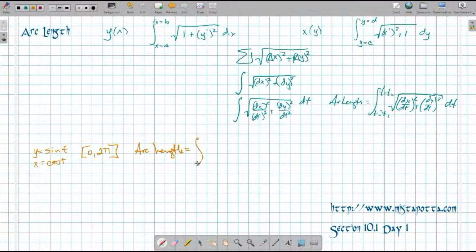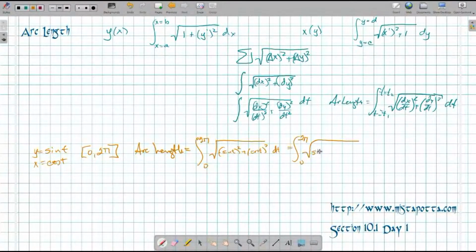So I know that the arc length is going to be equal to the integral from 0 to 2 pi of the square root of dx/dt, well that's negative sine t squared, plus the derivative of y, which is cosine of t squared dt.